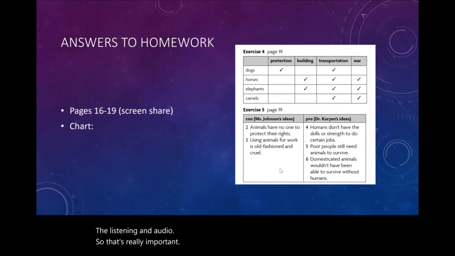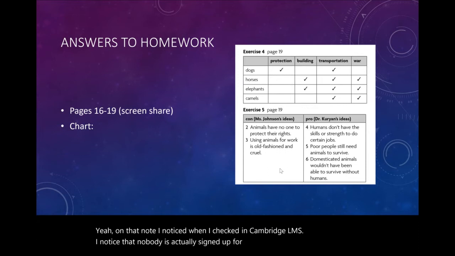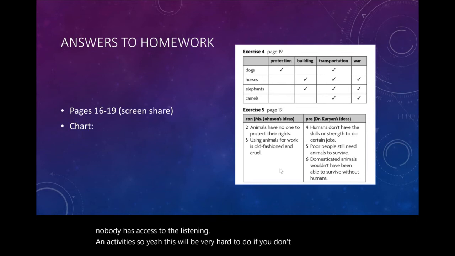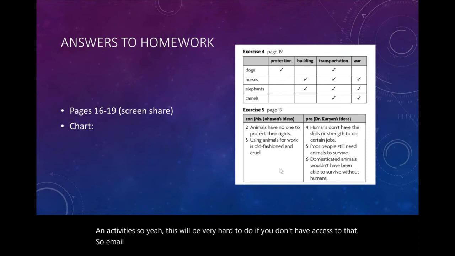On that note, when I checked in Cambridge LMS, I noticed that nobody is actually signed up for Cambridge LMS yet, which means nobody has access to the listening and activities. So yeah, this will be very hard to do if you don't have access to that. So email me today. Everybody email me today if you do not have your book, okay?